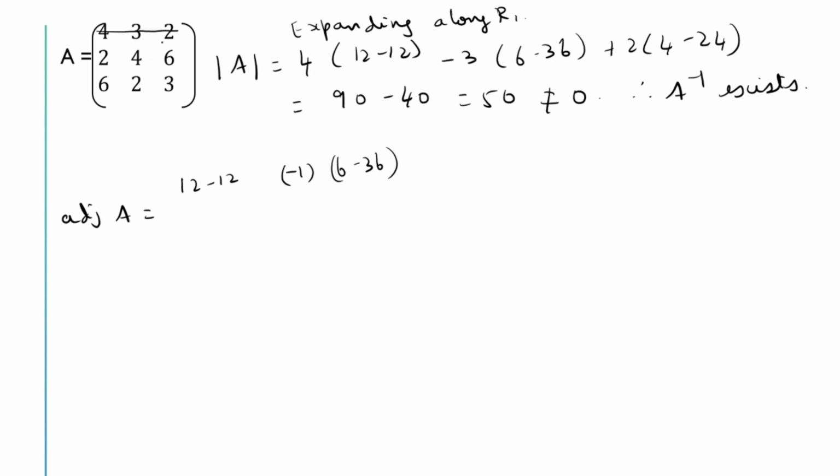Then first row third column, 4 minus 24. Now second row first column with a negative sign, 9 minus 4. Then second row second column, 12 minus 12. Then second row third column with a negative sign, 8 minus 18.